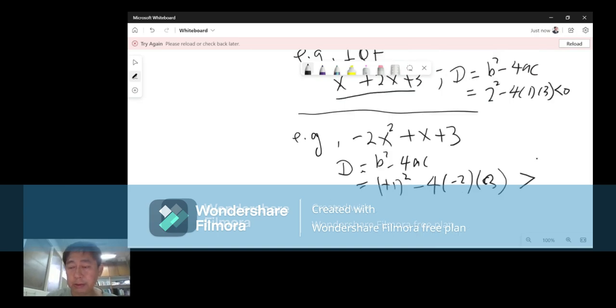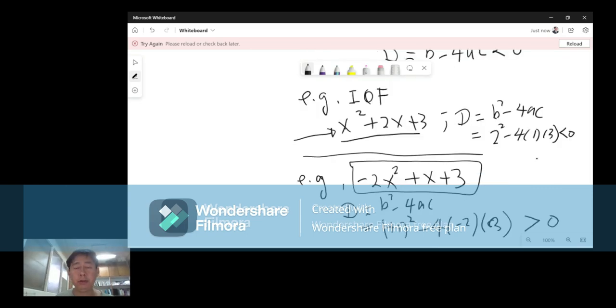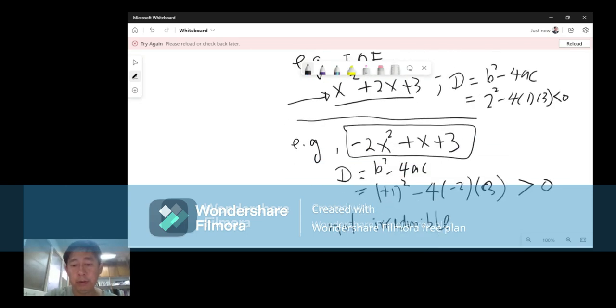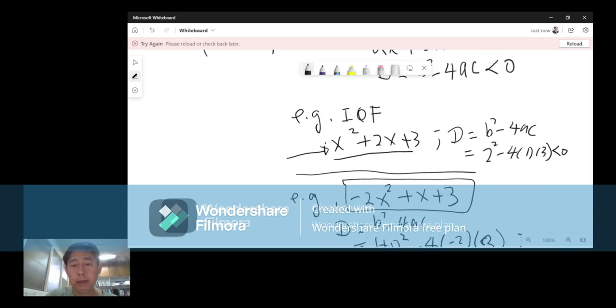The discriminant is larger than 0. This shows that the quadratic function is not irreducible. So, a quadratic expression can be either reducible or irreducible. So, this is not an irreducible quadratic factor. Here is an example of an irreducible quadratic factor.